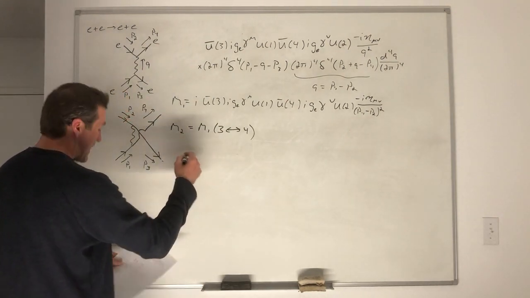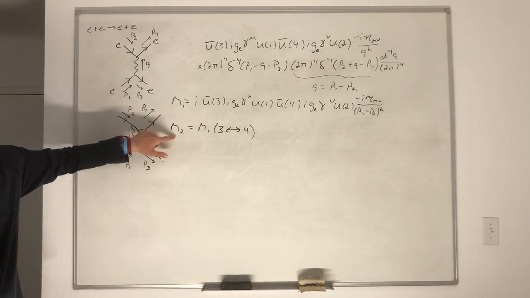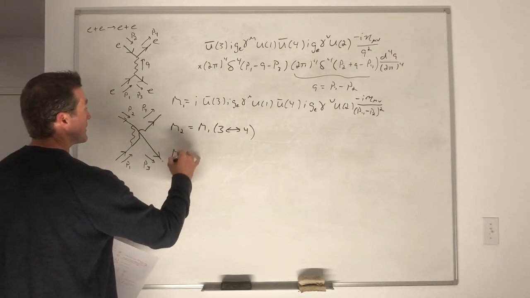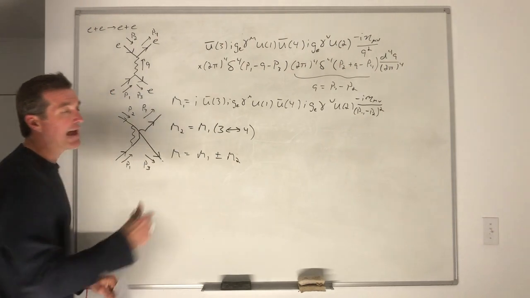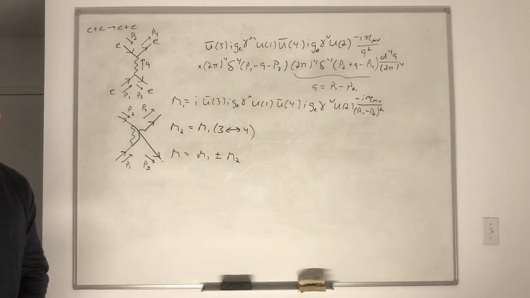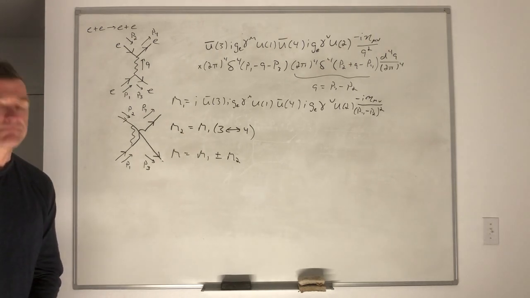All right, now these two things get combined to make M, but do I add or subtract them? What do you think? I would say subtract them. Why? Because whenever you switch two of the outgoing electrons, you antisymmetrize it.